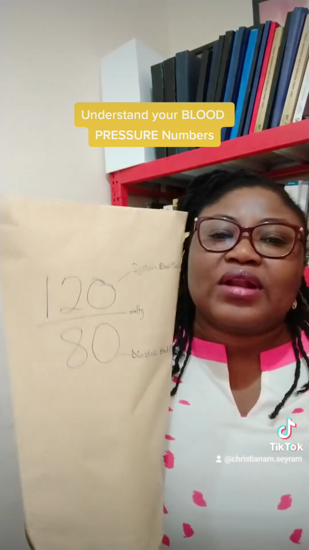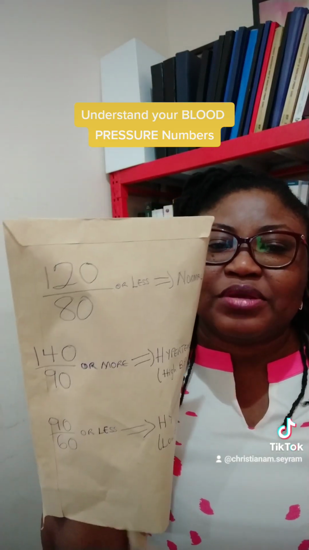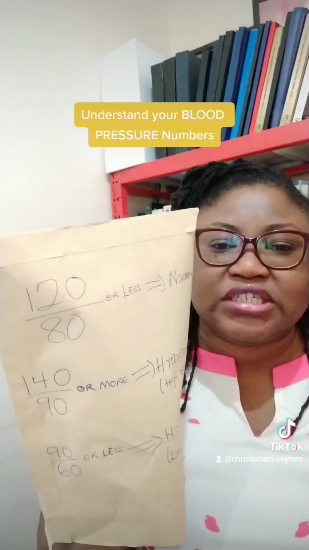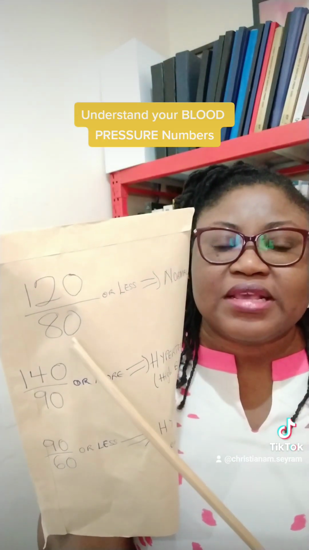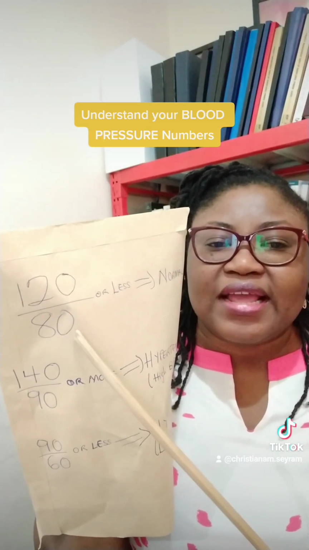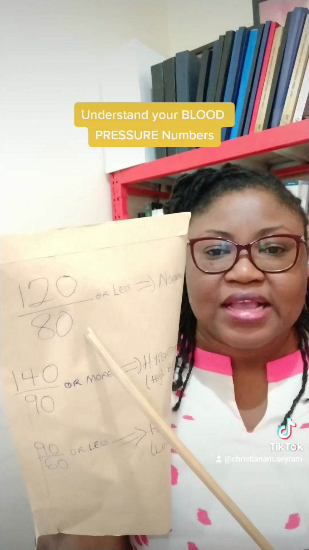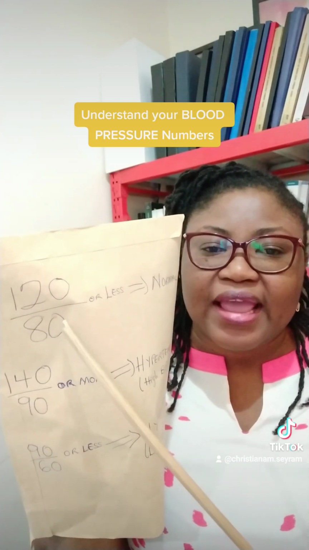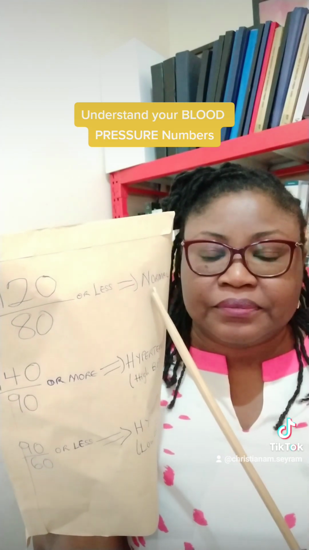Okay, so now let's look at the average normal BP, and when you should be worried after checking your blood pressure. The normal BP is considered around 120/80 or less. So any blood pressure that is 120/80 or less is considered normal.